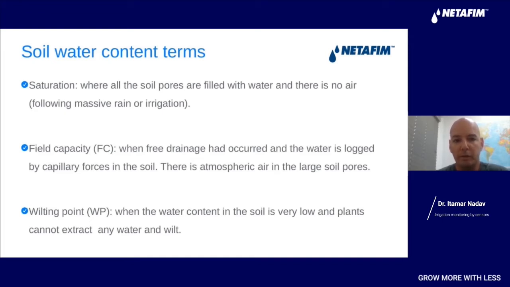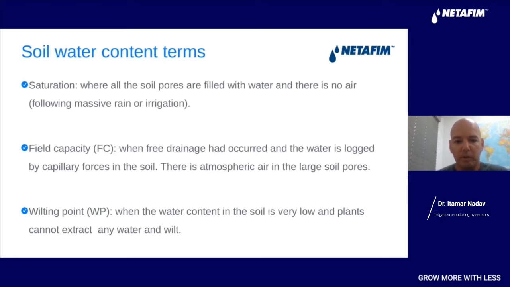After some of the water has drained, we come to field capacity, where all the big pores of the soil are drained, and all the water is being held by capillary forces in the soil. Another one that we have is the wilting point.